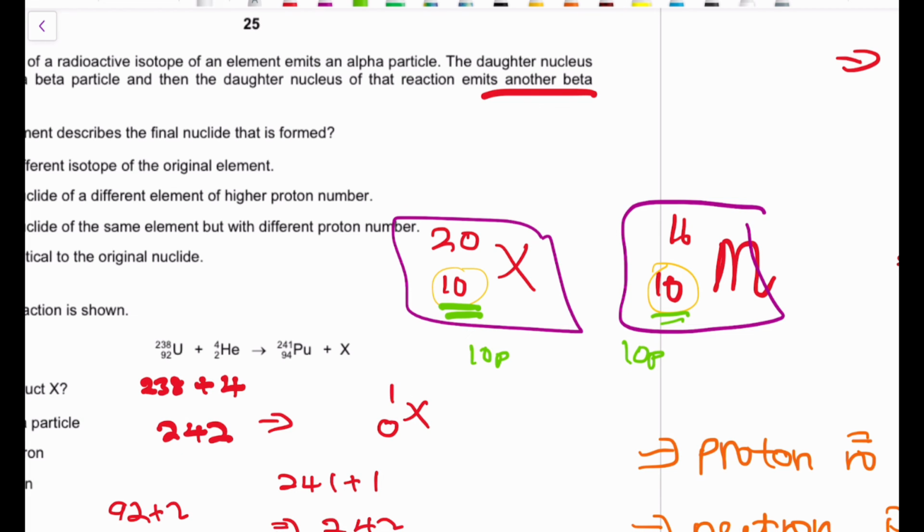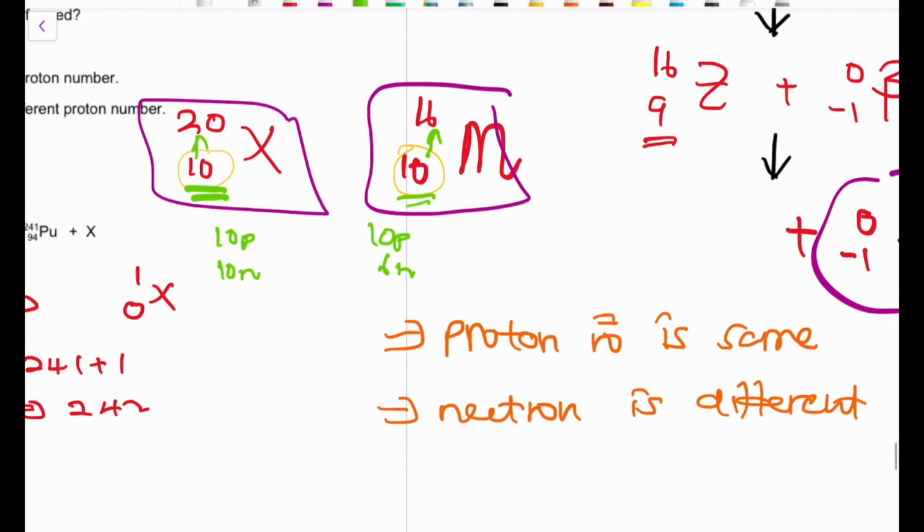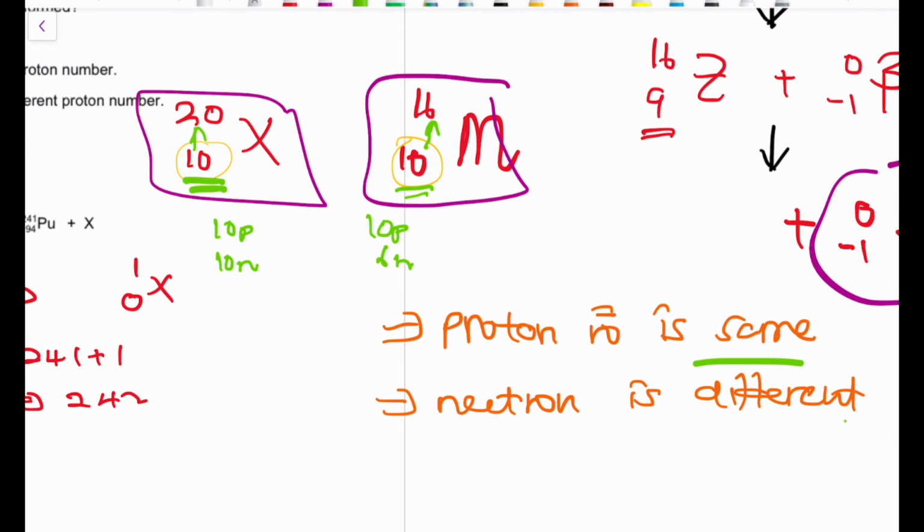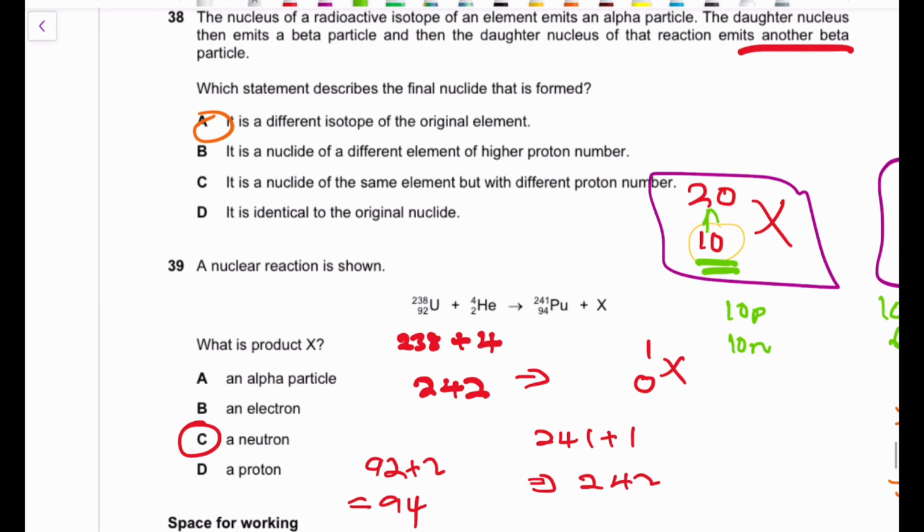But this one has 10 neutrons, and this one has 6 neutrons. The proton number is the same, but the neutron number is different. Well, what are those? Those are isotopes, my friends, because an isotope has the same number of protons but a different number of neutrons. So basically, X and M are different. So X, the first final nuclide, will be an isotope of the original element.